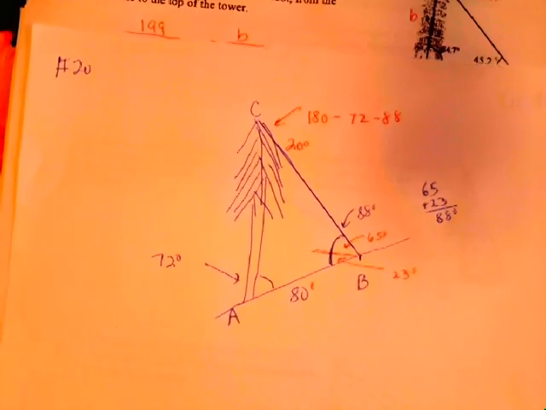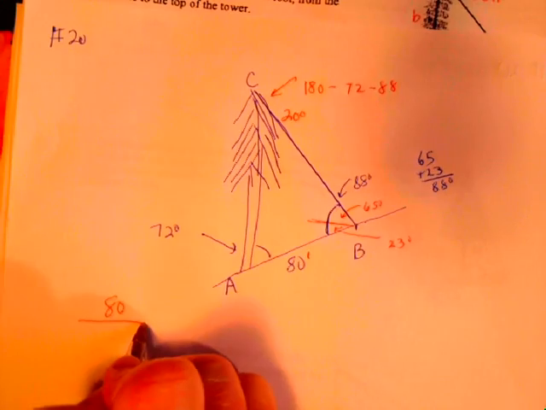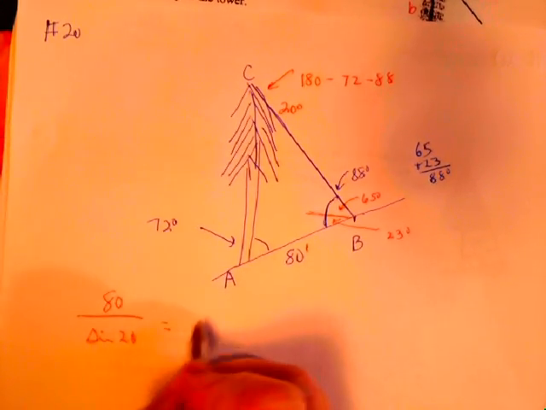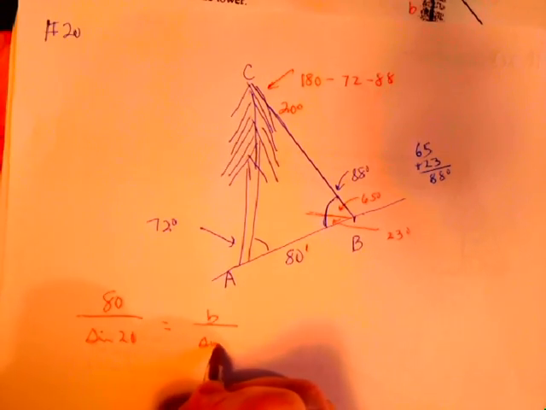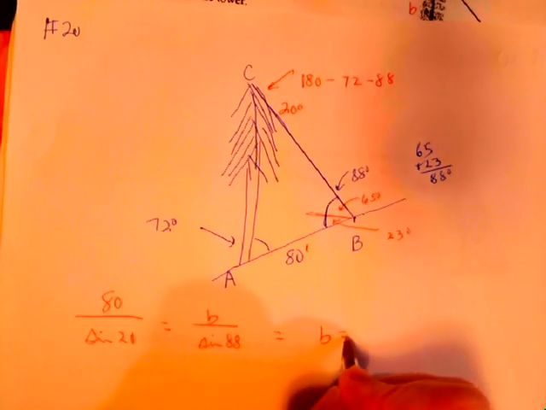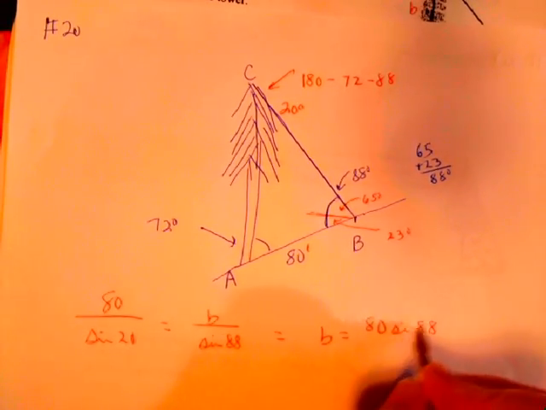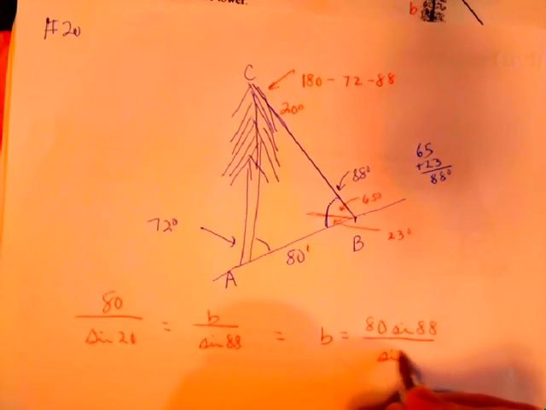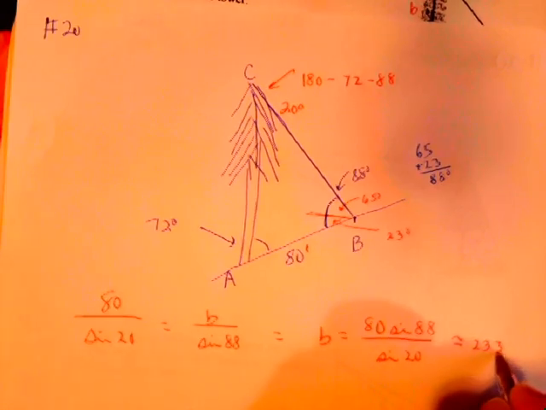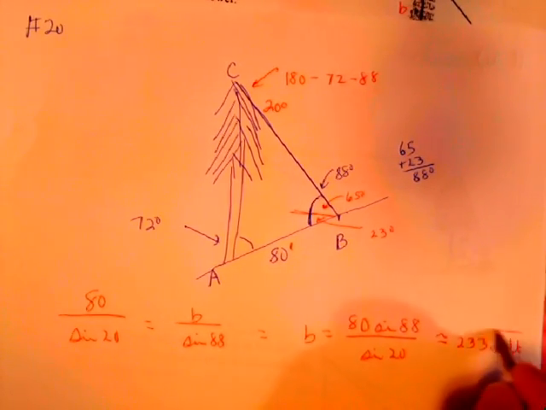I can use law of sines and solve this. 80 is to the sine of 20 as B is to the sine of 88. Cross multiply. B equals 80 times the sine of 88 divided by the sine of 20, which is approximately 233.8 feet.